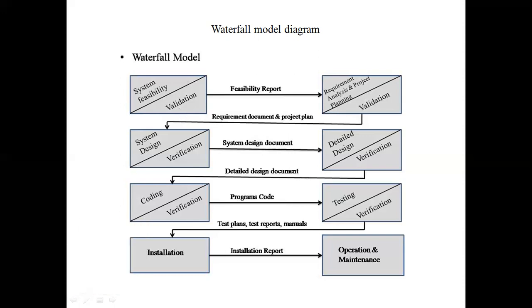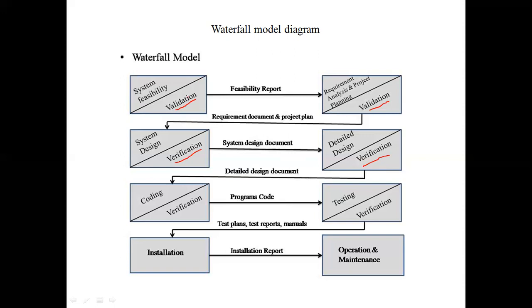As you can see, only the first two phases have a part of validation. Next, every phase is divided by verification. This is one single phase which is divided into either validation or verification.